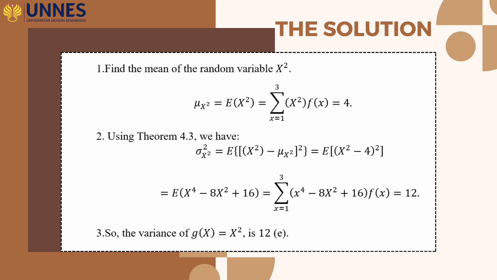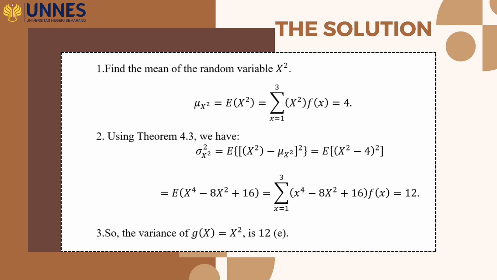So (x squared minus 4) squared gives x to the power 4 minus 8x squared plus 16, equal to the sum from x equal 1 to 3 of (x to the power 4 minus 8x squared plus 16) f(x).